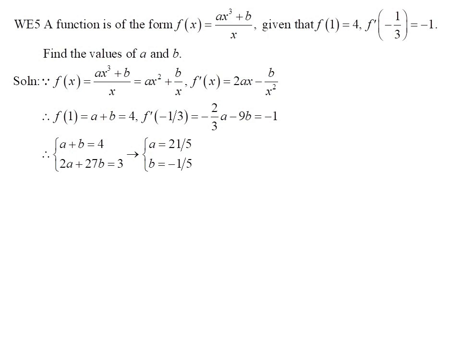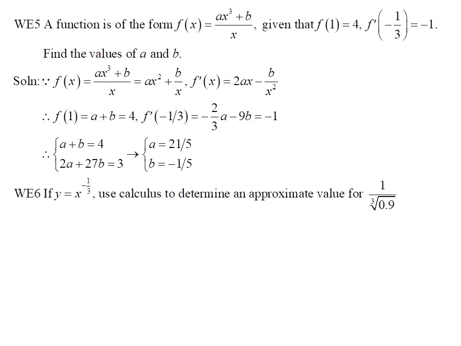The function given in example 6 is y equals x to the power of negative 1/3, and the question is to find an approximate value for 1 over 0.9 to the power of 1/3. Based on first principles, we can calculate the approximate value of the reciprocal of 0.9 to the power of 1/3. Hence, f of x plus h approximately equals f of x plus h times f prime of x.